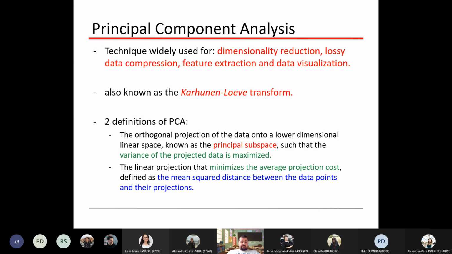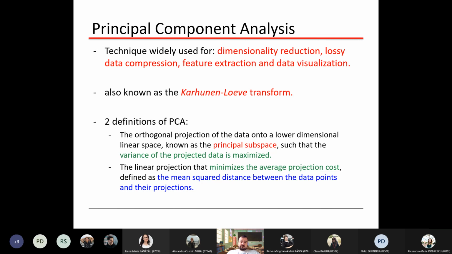So first, PCA. PCA is a technique that is widely used for dimensionality reduction, lossy data compression, feature extraction, and data visualization. It is also known as Karhunen-Loève transform, from the two researchers that independently identified this method.